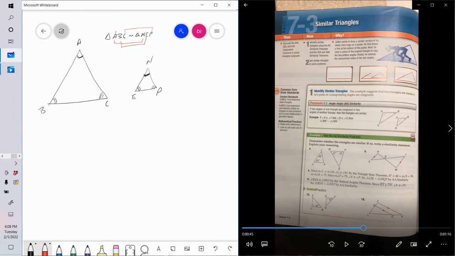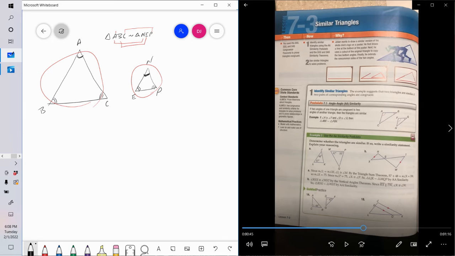So we want to determine if two triangles are similar to each other. As long as the three angles of one triangle are congruent to the three angles of another triangle, then the two triangles will be similar. In the textbook, notice postulate 7.1 is the angle-angle similarity.